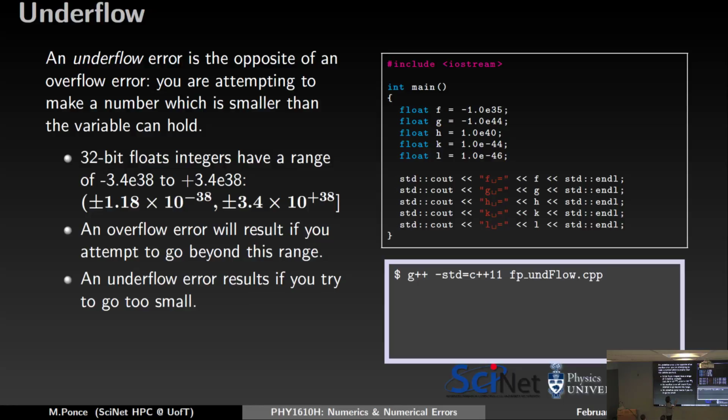Again, you will see that things mostly happen when there is a huge range of digits in the representation, something like negative 10 to the 35, and then something of order 10 to the minus 44 or 46. Just printing those things, you will see that many of them give you infinities, negative infinities, or just pure zeros. In this case, it is falling under the granularity of the representation, if you wish.